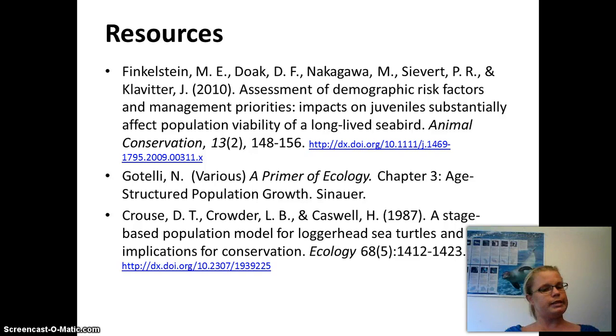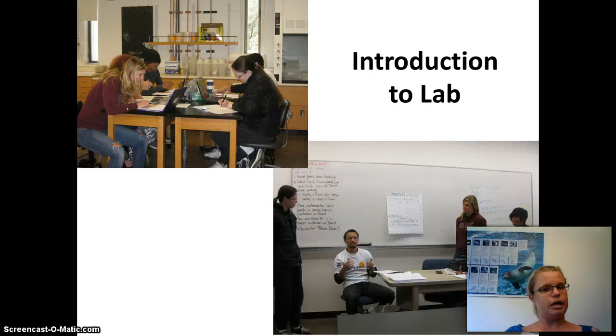Here are a few more resources on matrix-based models and on the albatross model in general. So in a few days, we're going to be doing this lab where you're going to be reading a paper about a similar model in a different species, working together with a group, working through the model on the computer, and then presenting your own research question and results in your model to the class.